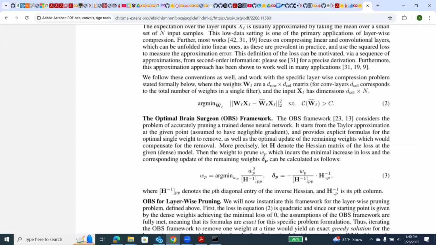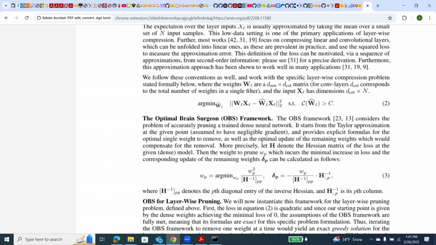Then quantize the next column of weights and update the remaining. For example, if we have 8,000 parameters, we quantize one column and then update the remaining 7,999 parameters, and so on. So it's just an iterative process, and the for loop will go from 1 to the total number of parameters.